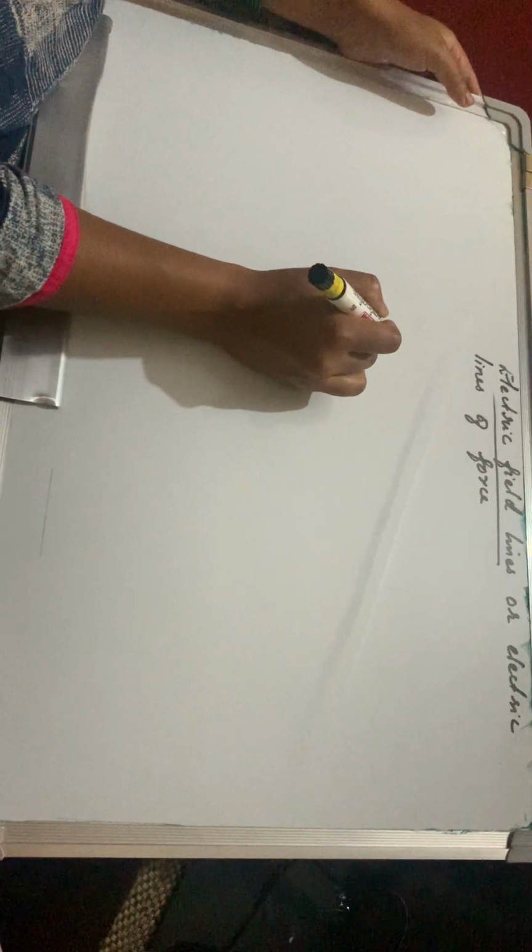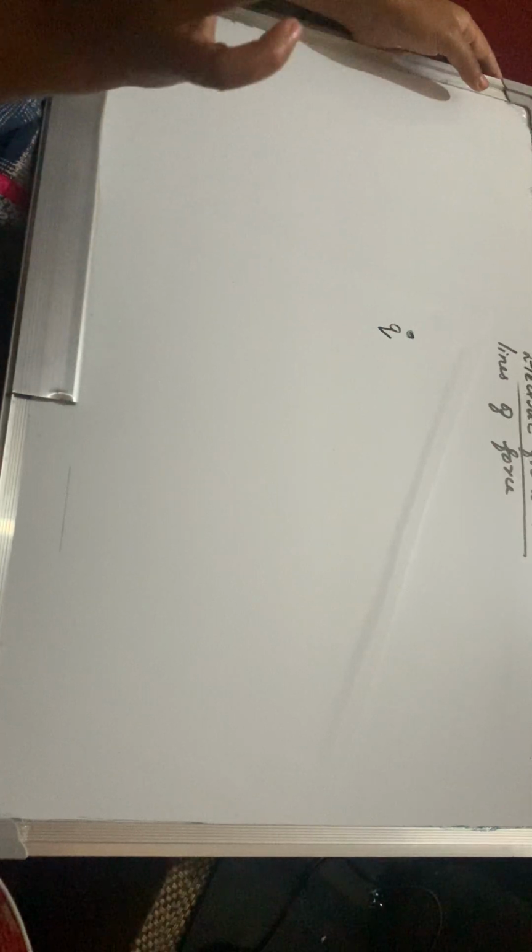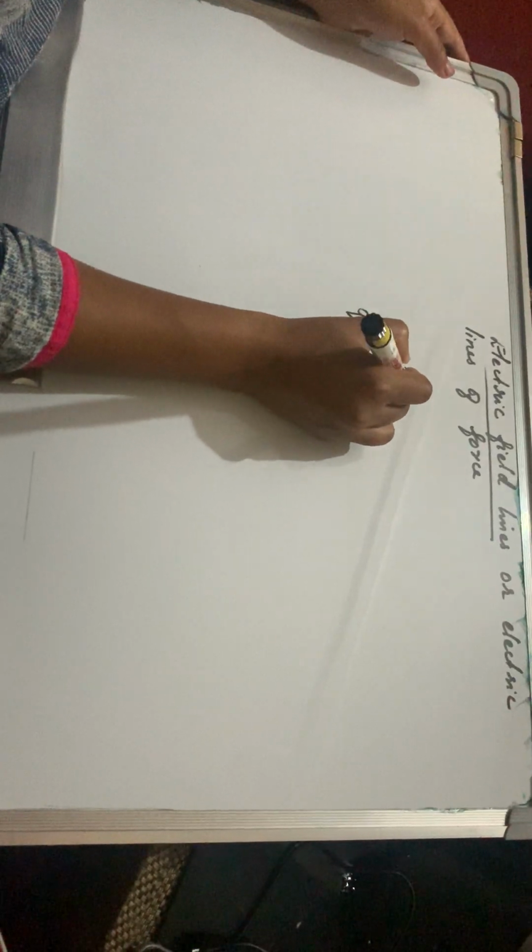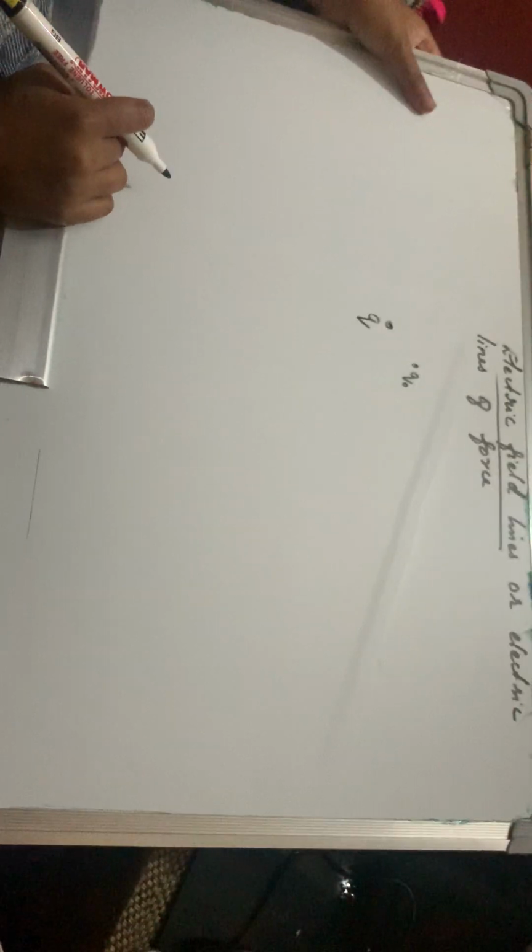Suppose here is a point charge again. In order to make field lines, first of all we have to imagine a test charge is present, the mouse. Again I'm repeating, in what direction the mouse will go, that will be the direction of the field lines.